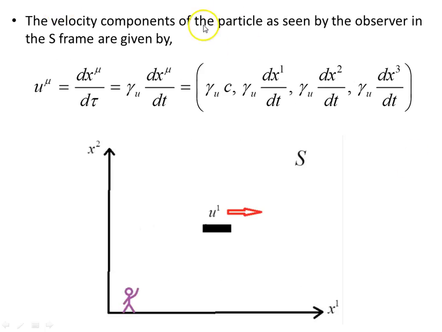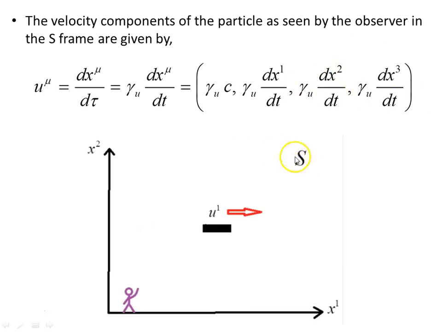Now the velocity components of the particle as seen by the observer in the S frame are given by u superscript mu is dx mu over d tau, which is gamma u dx mu over dt. Now, it's equal to these components here. So here's the 0 component, gamma u c, and then gamma subscript u dx1 over dt. And these are the components for the velocity vector of a particle as seen in the S frame, but in a general direction.